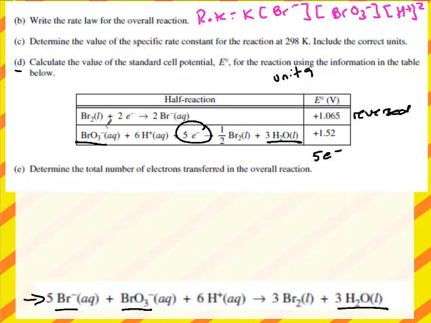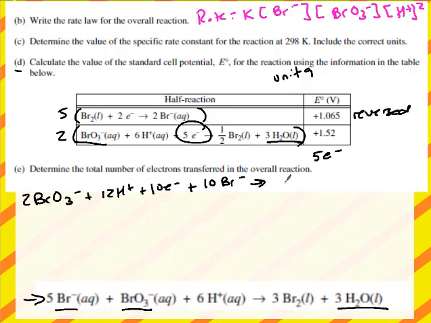So here we need to multiply by 5 and multiply by 2 and reverse that top equation. And then combine like terms.